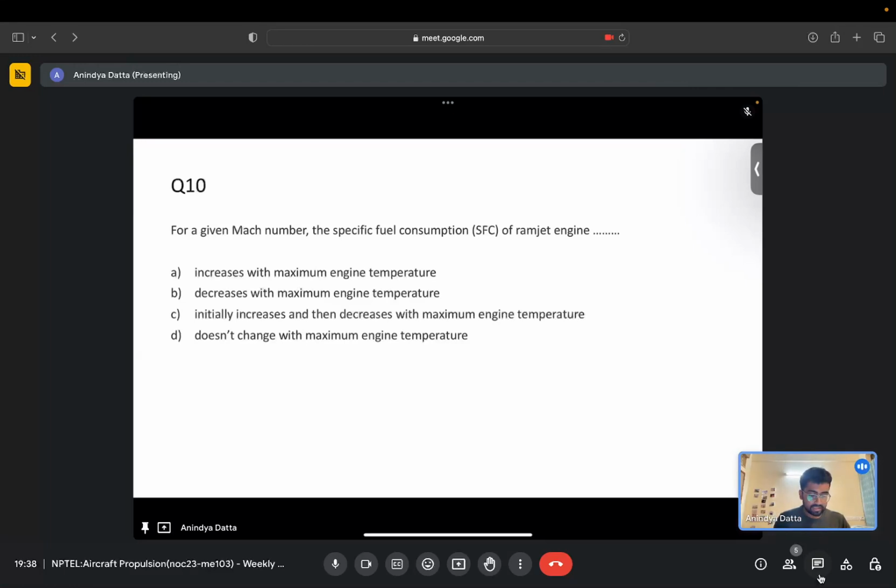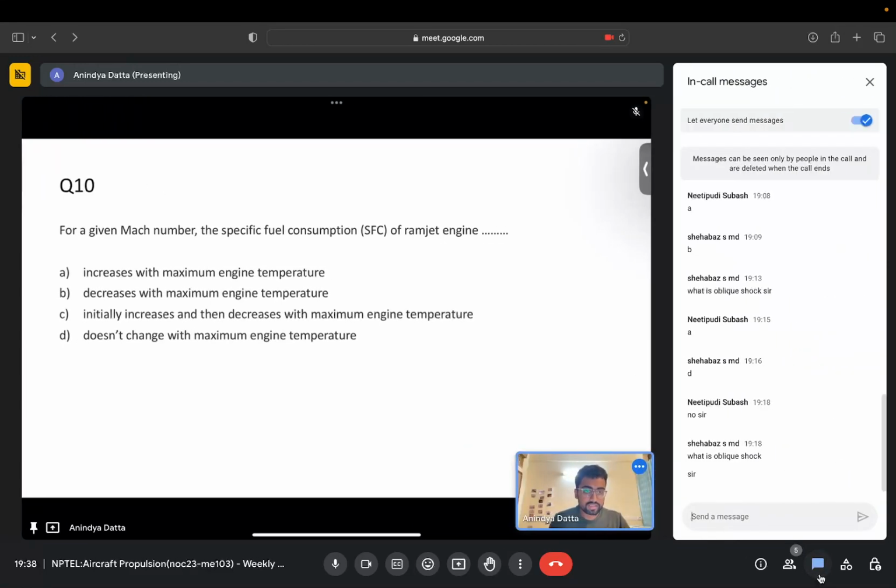Okay, so question 10: for a given Mach number, the specific fuel consumption of a ramjet engine increases with maximum engine temperature, decreases with maximum engine temperature, initially increases then decreases with maximum engine temperature, or doesn't change with maximum engine temperature. What will be the answer here?